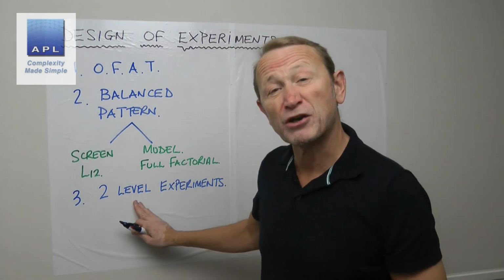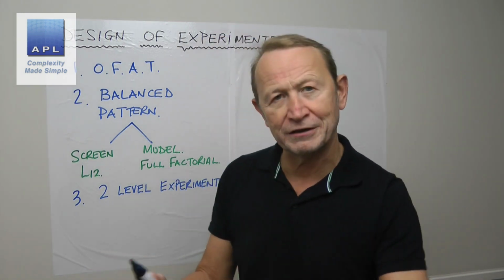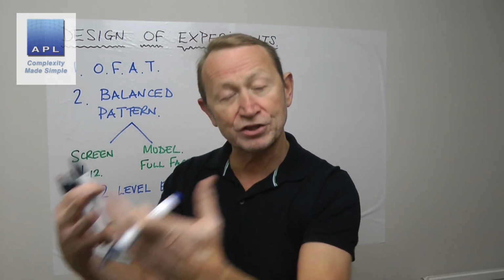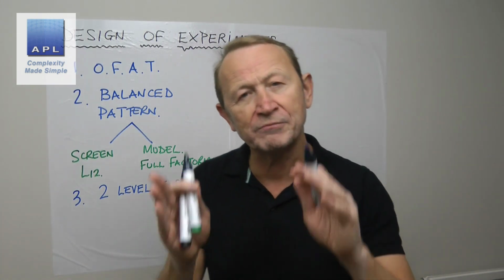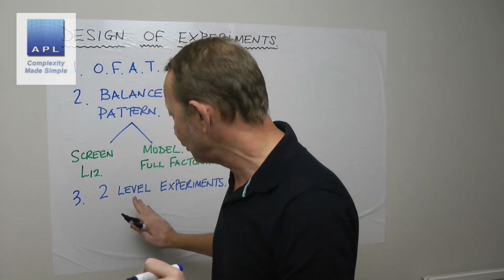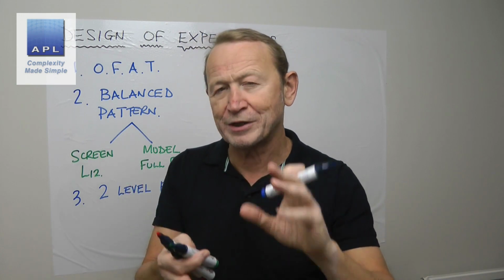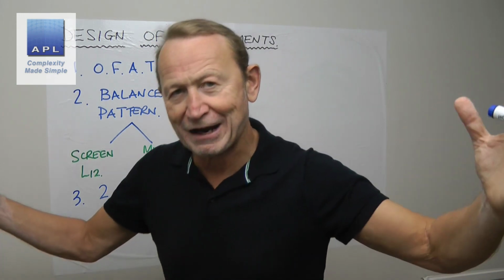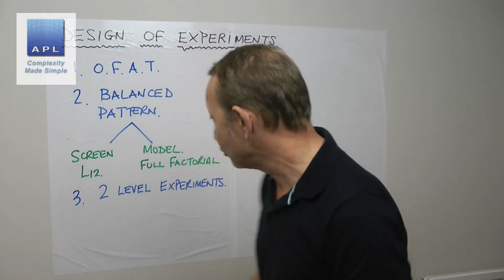Look, if you get good at the techniques here, you will effectively be learning techniques that can take you to 3-level experiments, etc. So we're not wasting our time or missing knowledge. You're just learning on the simpler experiments to get good at what you're doing, and then we can explode into the other techniques. So we're only doing 2-level.